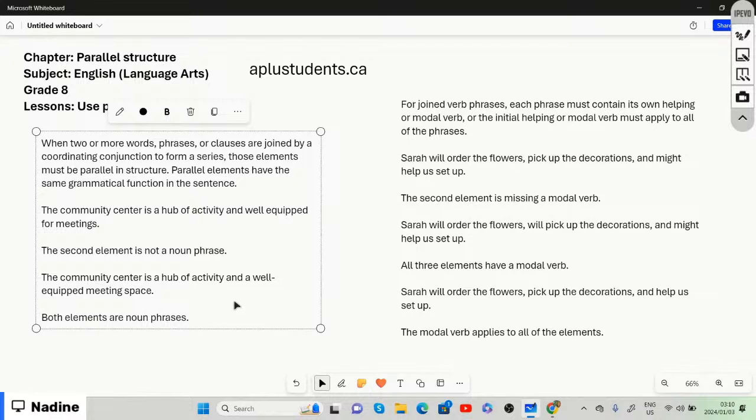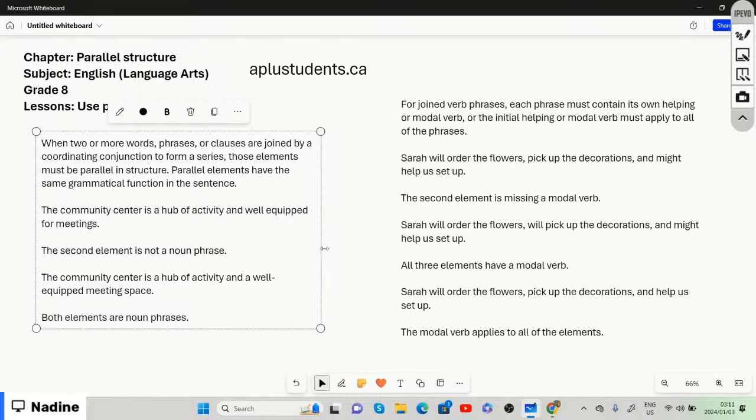So basically, it's as if we have two phrases, right? The community center is a hub of activity, and then we have a coordinating conjunction, and then we have well equipped for meetings.